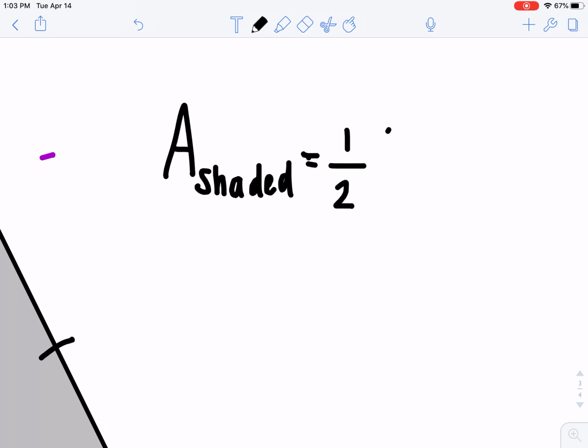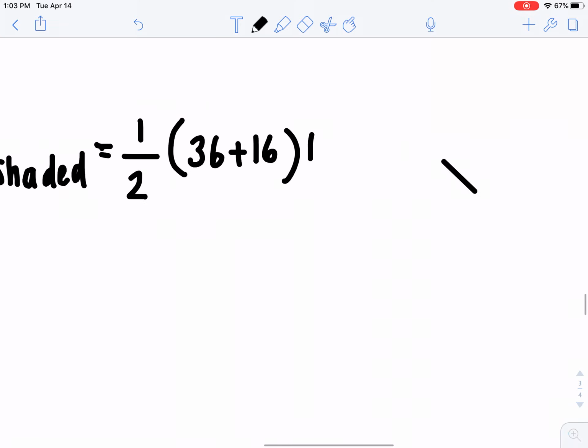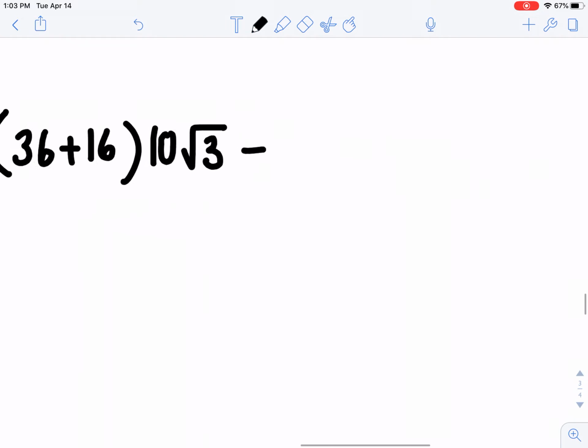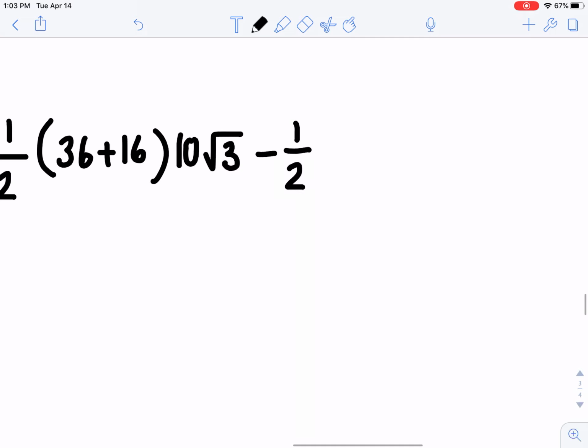So it's 1/2 my base of 36 plus my base of 16 times that height of 10 root 3. And we'll subtract it from our littler trapezoid, which is 1/2 times a base of 6 plus 16 times our height of 12.